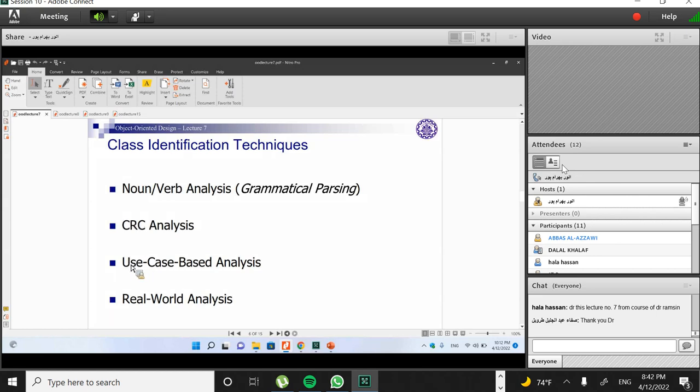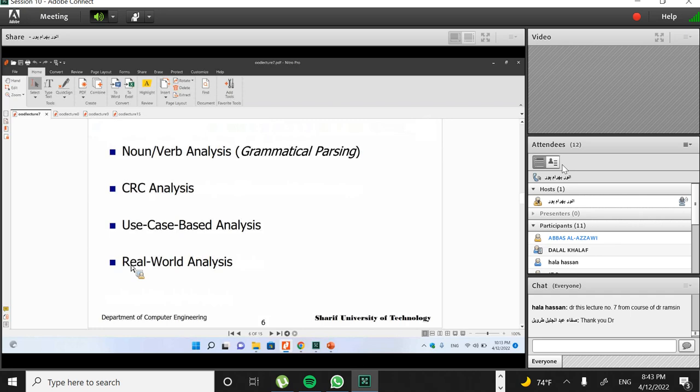The third approach to find analysis classes is based on use case analysis. And the last one is using real world analysis. I will discuss all of them tonight. And you are familiar with the first technique.